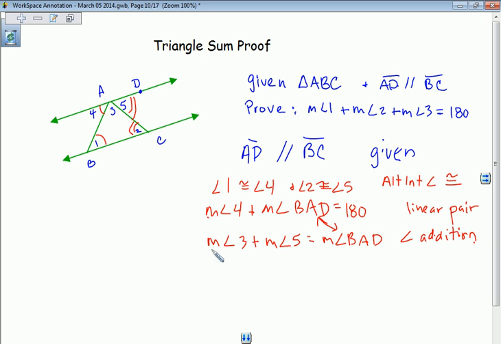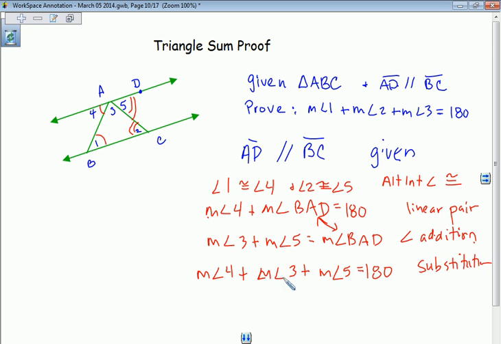Angle 3 and angle 5. So now I can make the statement that the measure of angle 4 plus the measure of angle 3 plus the measure of angle 5 has to equal 180. How? I did use substitution. Yes, I substituted in. Thanks, Ryan.